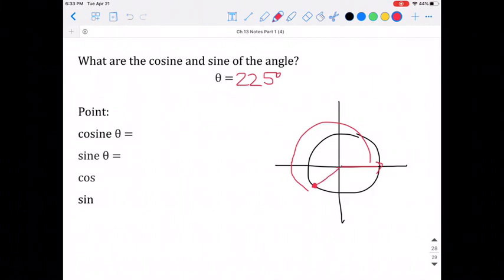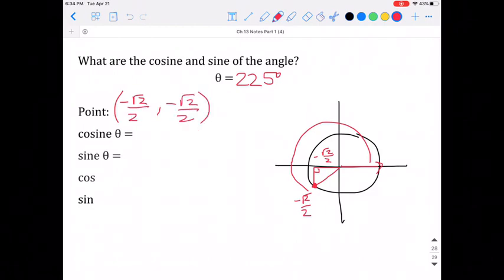This forms a 45-degree angle, so we have a 45, 45, 90 right triangle. For our legs, our x is going to be negative radical 2 over 2 because we're in the negative values on the x-axis, and our y is also going to be negative radical 2 over 2 because we're in the negative for the y-axis. So our point here is negative radical 2 over 2, negative radical 2 over 2.